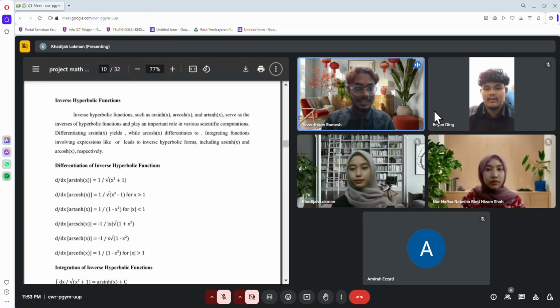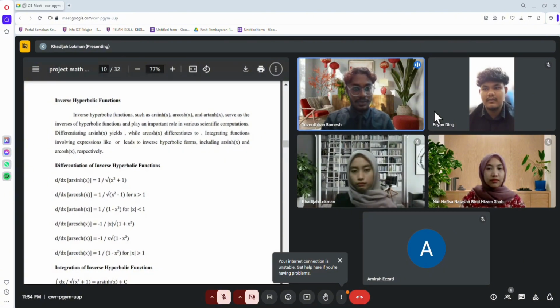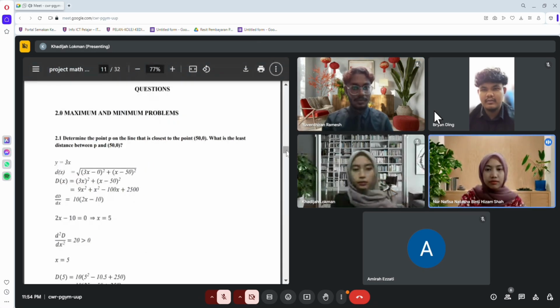Differentiating arsinh yields a certain result, while arcosh x differentiates to another, and integrating functions involving such expressions leads to inverse hyperbolic forms, including arsinh x and arcosh x, respectively. And we can see a bunch of examples of differentiation of inverse hyperbolic functions and also integration of inverse hyperbolic functions.